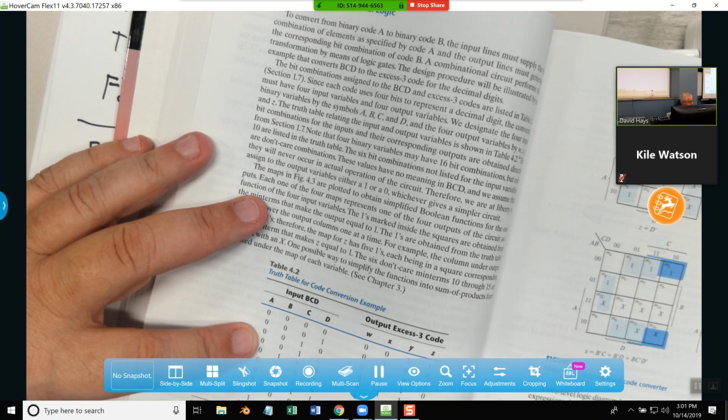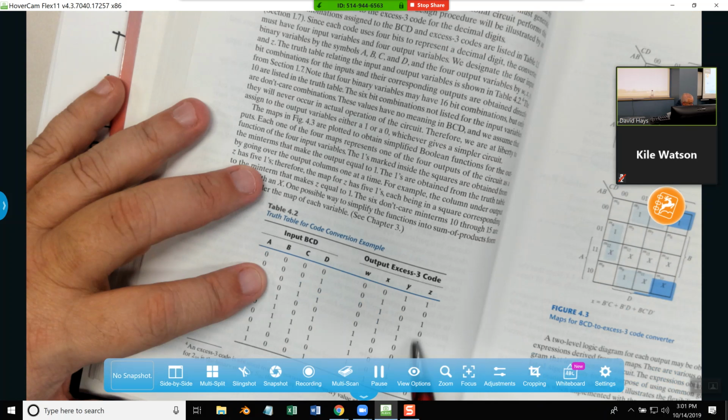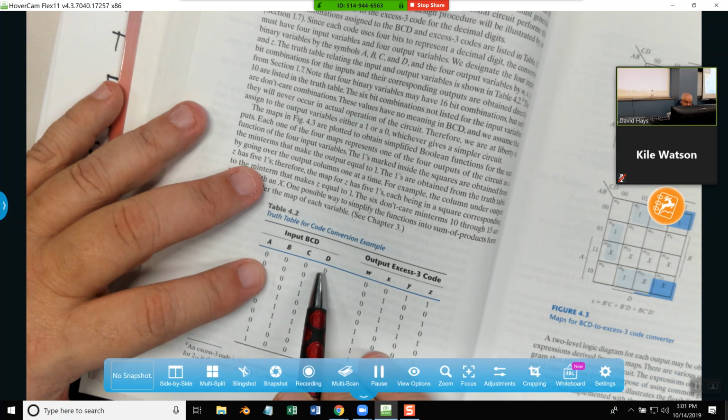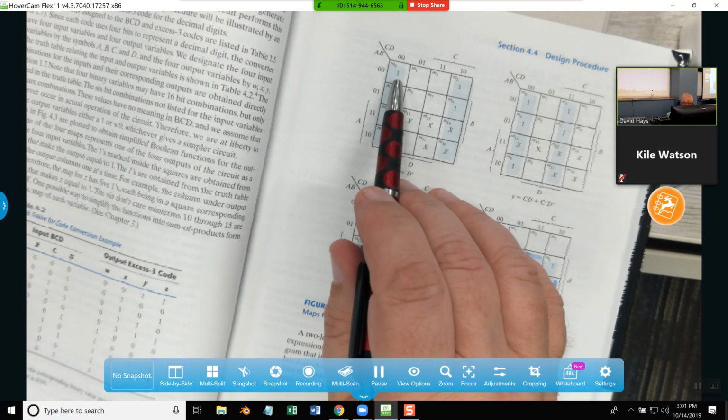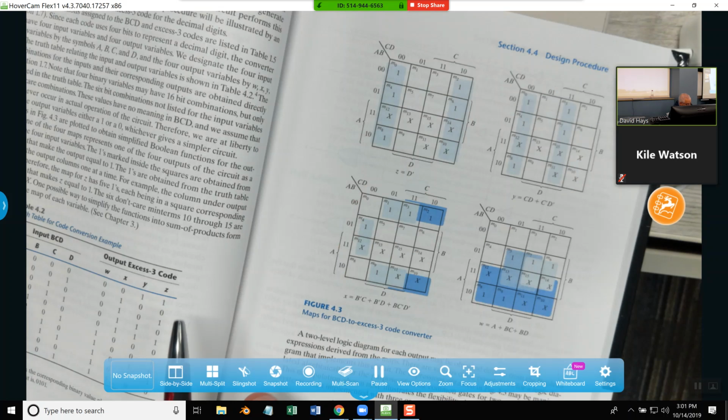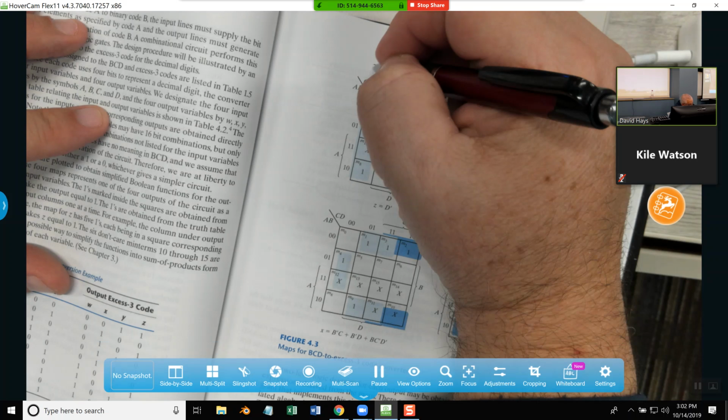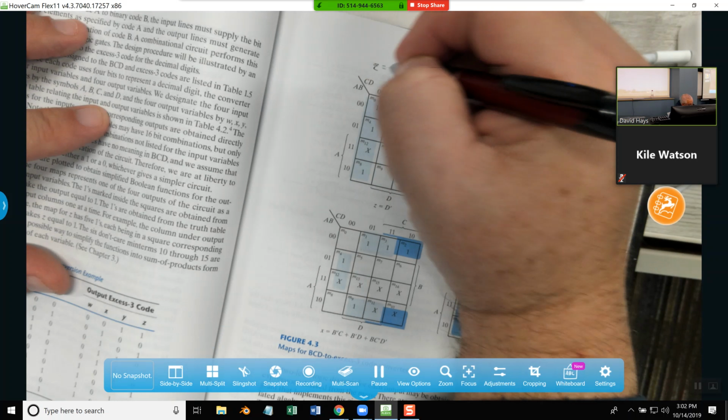Z is equal to 1, and then I'm going to look in A, B, C, D. Okay, I see that they're doing the conversion for each one individually: W, X, Y, and Z. So here I'm going to look where Y is equal to 1.